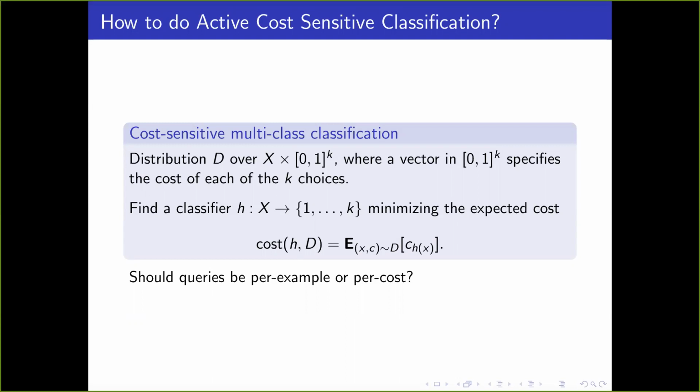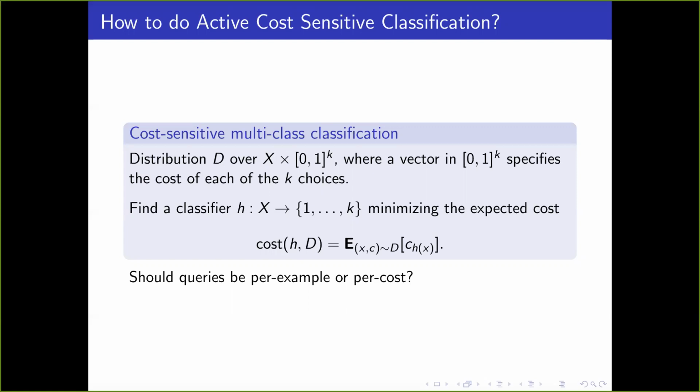So is it that when we query for a particular X and a particular Y, we just get whether this class was the true class or not, or do we get the entire cost vector? If our cost structure mimicked multi-class, which means that we have a cost of 1 for every class except for one class which has cost 0, and we only queried for one cost, that would be what would happen.